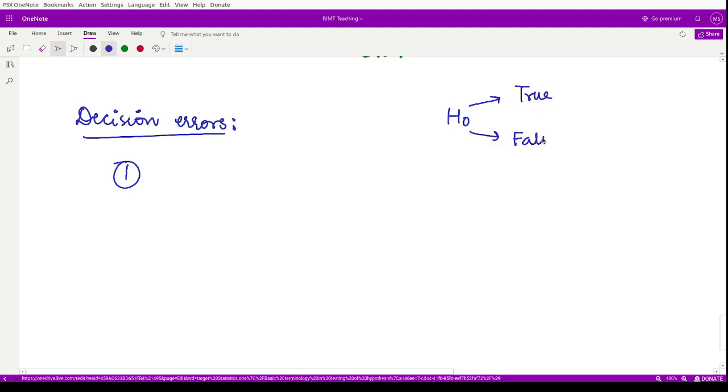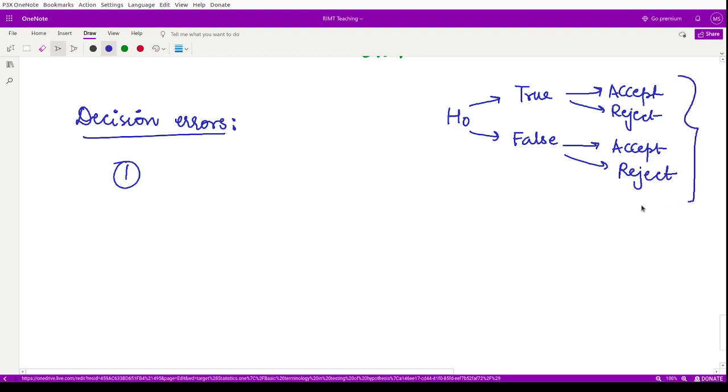You do not know in the very starting. Based on your calculations, you will either accept it or reject it. Similarly, if it is false, in that case also you may accept it or reject it. That depends on your calculation and the results.